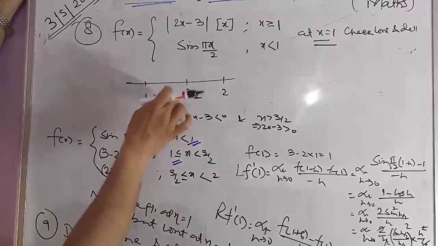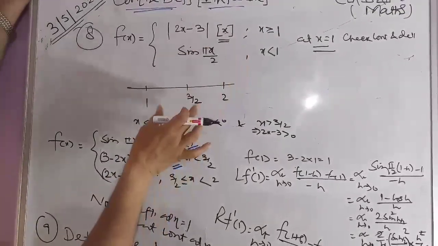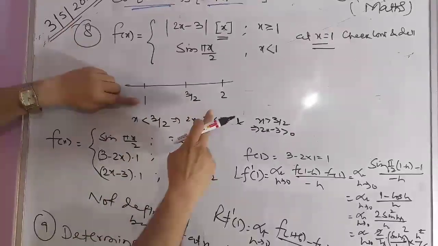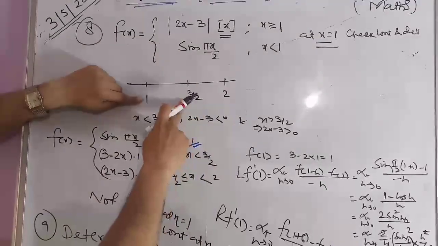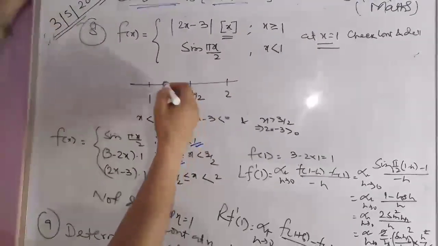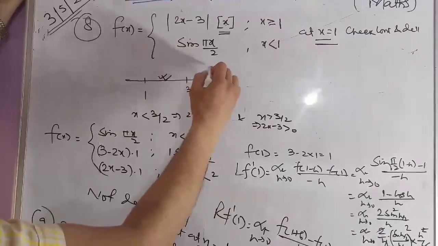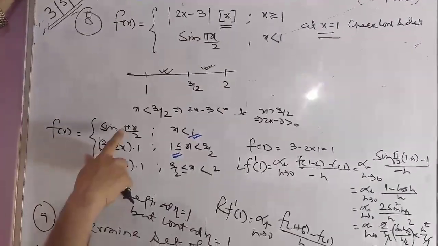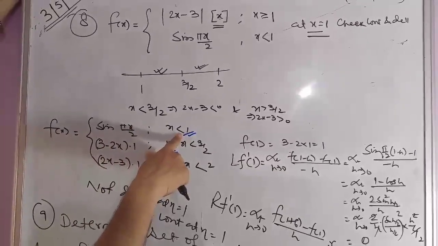Considering the integral part of x, we take the interval 1 to 2, and 3/2 lies between these two, so we have two cases: x less than 3/2 and x greater than 3/2 up to 2. For x < 1, f(x) = sin(πx/2).